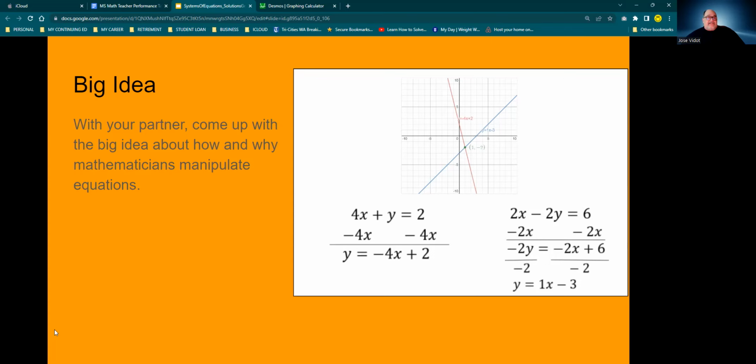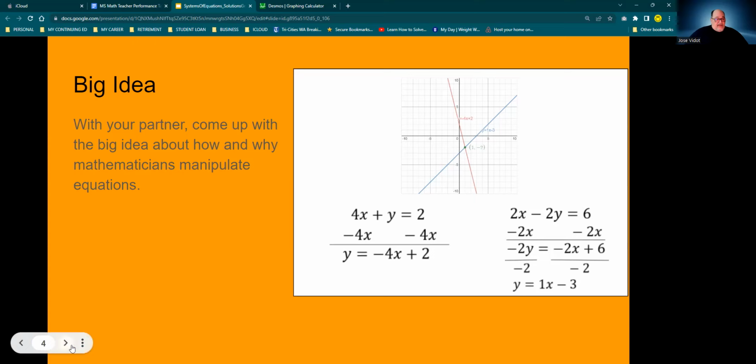I'm an external processor, and I know that quite a few students are, but not all students are. Some students are internal processors and they need time to think it out. So it's a good strategy, if you're not an external processor, to get into that mode, and if you're not an internal processor, to practice that. Okay, so that's basically it.